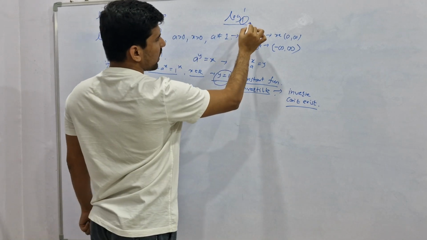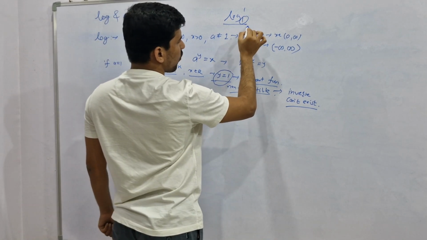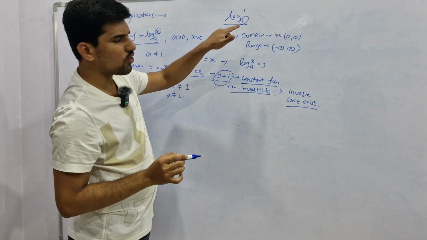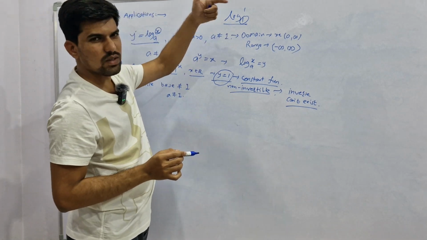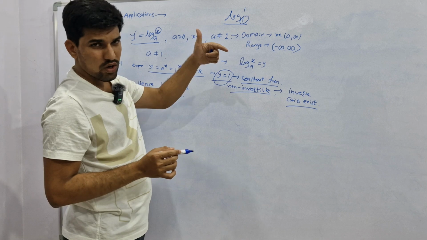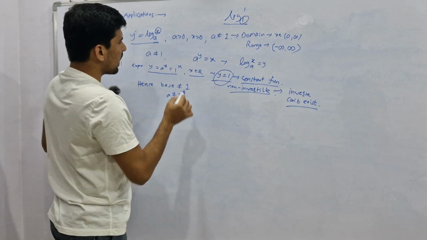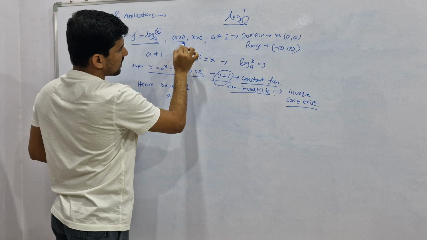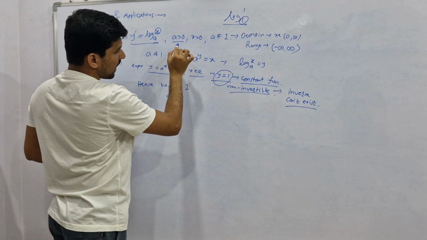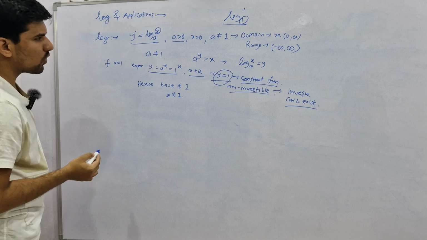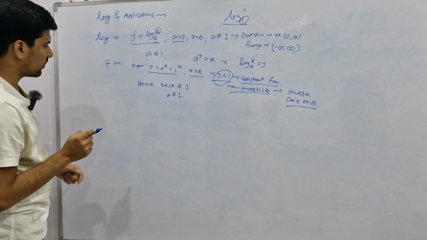It also cannot become 0 and cannot be negative, because negative to the power x is sometimes even, sometimes odd and sometimes not a whole number. We cannot define it for a is equal to 1, a is 0 and a is less than 0.